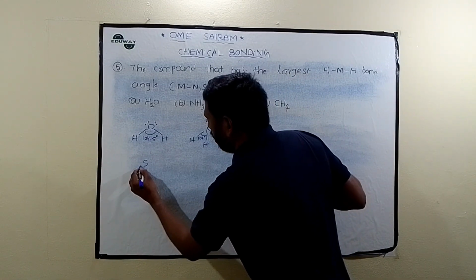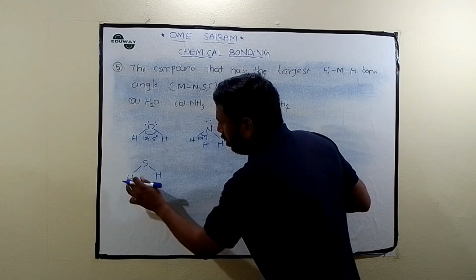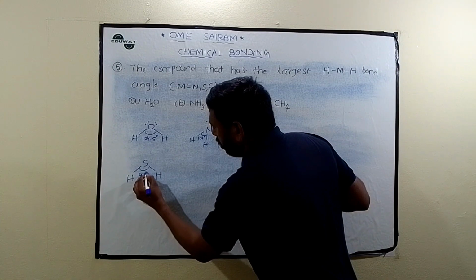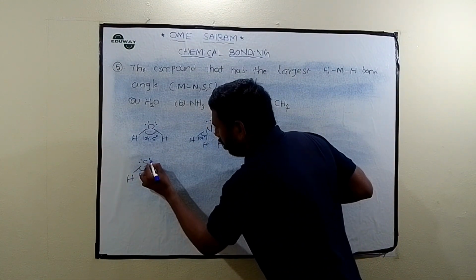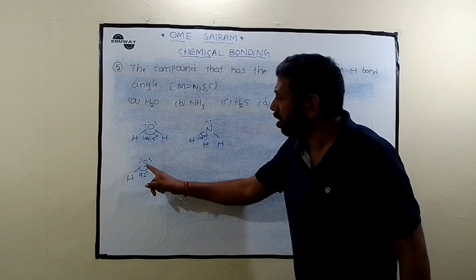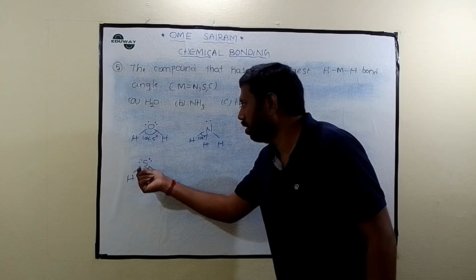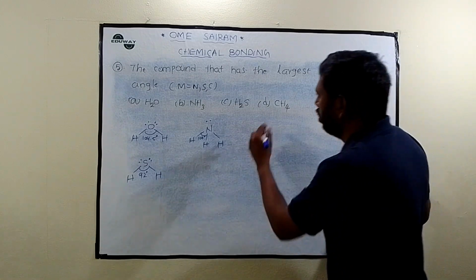Sulfur is the central atom. The HMH bond angle is 92 degrees. It also has 2 lone pairs because it belongs to the 6A group. Oxygen also belongs to the 6A group. That's why these 2 central atoms have the same number of lone pairs. Now CH4.